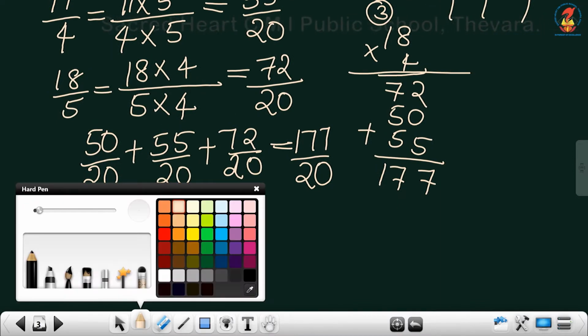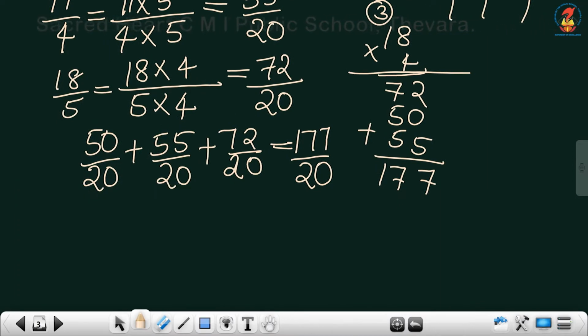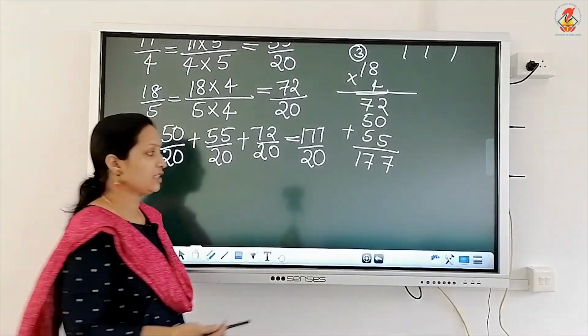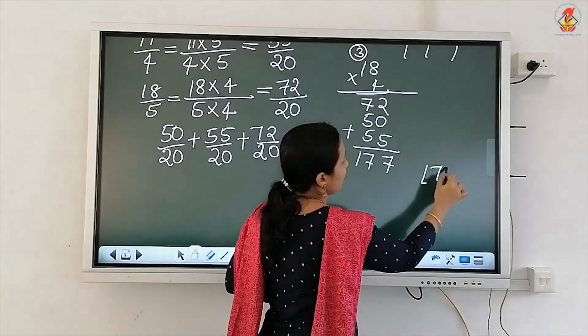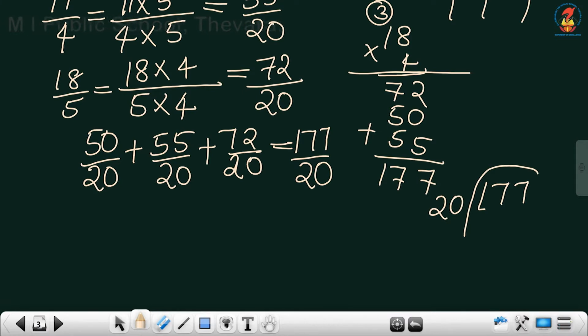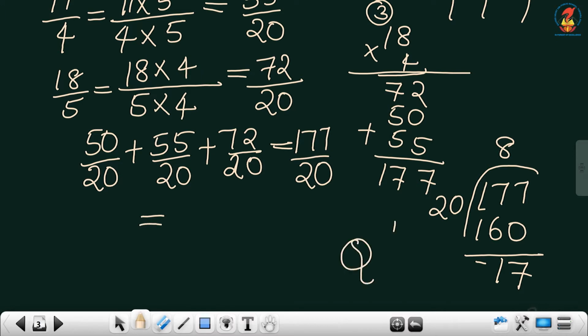How will we convert an improper fraction to a mixed number? You have to do division. So 177 divided by 20. And we already said 20 into 8 is 160. So what is the remainder you got? 17. So how will we write the mixed number? What is the formula? Quotient, remainder by divisor.